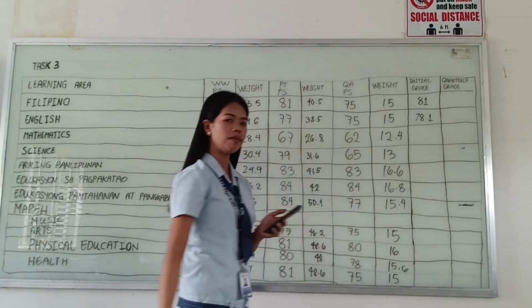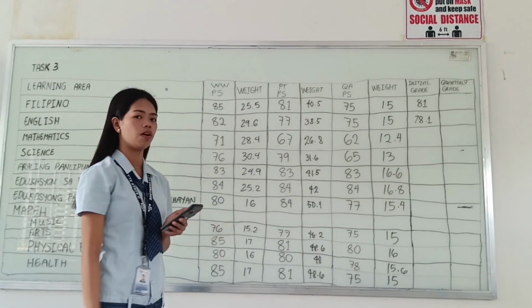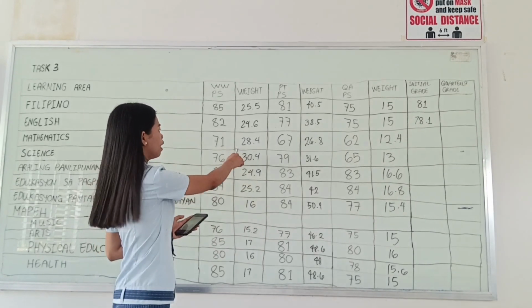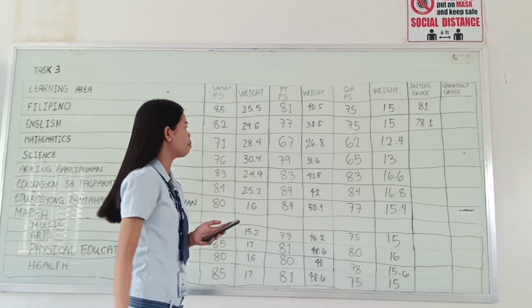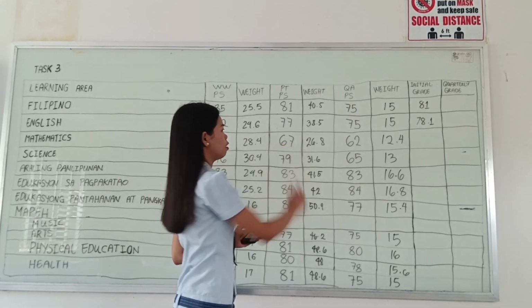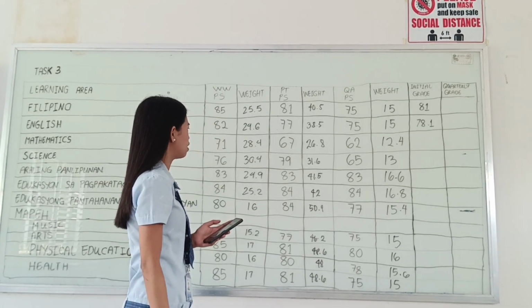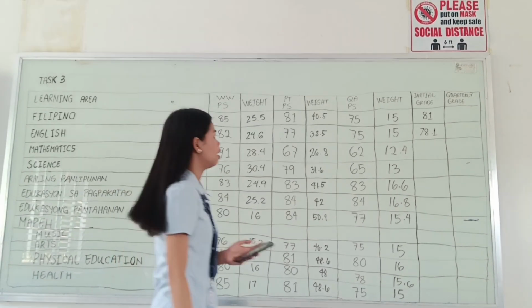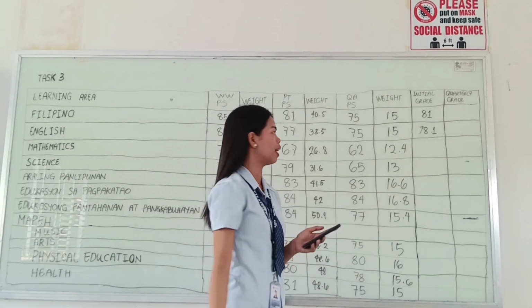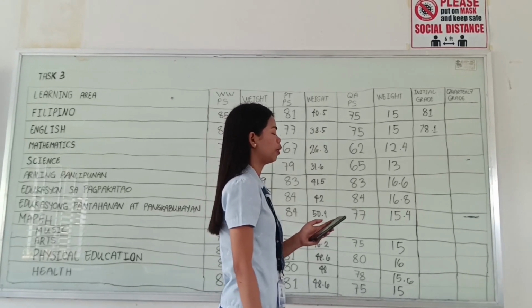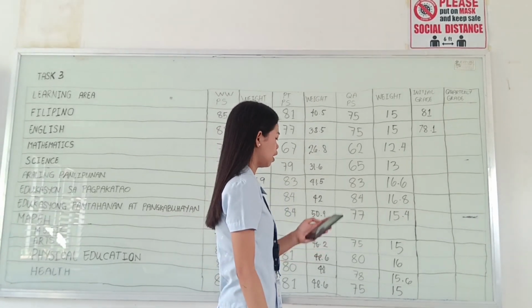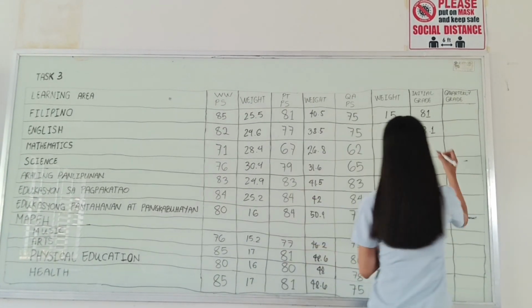For the subject Mathematics, the weighted score for the written works is 28.4, which will be summed up with the weighted score of the performance task, which is 26.8, and also the weighted score of the quarterly assessment, which is 12.4. To sum up all, it is 67.6.